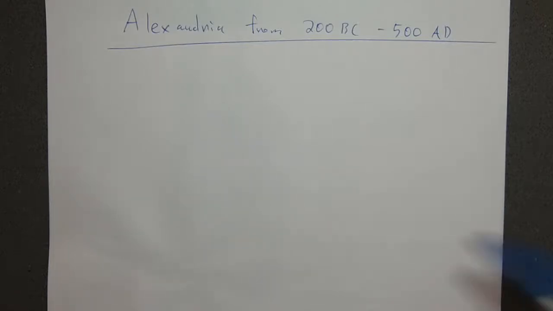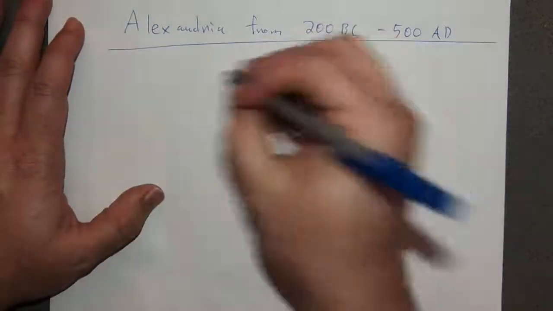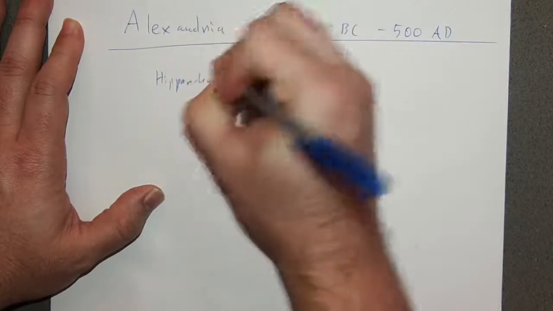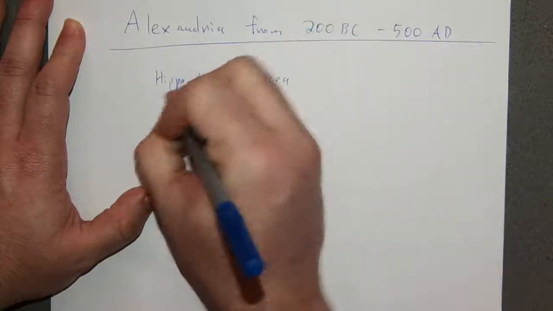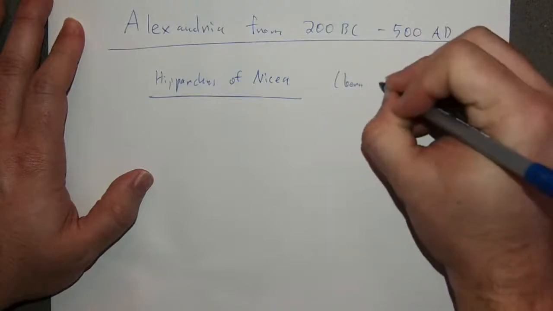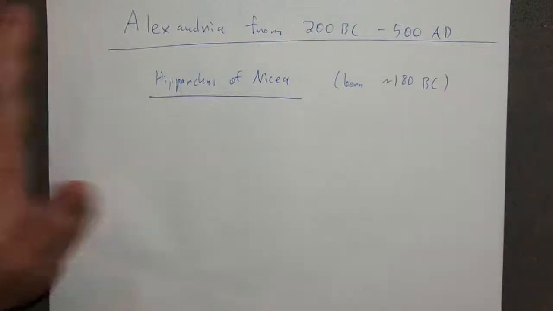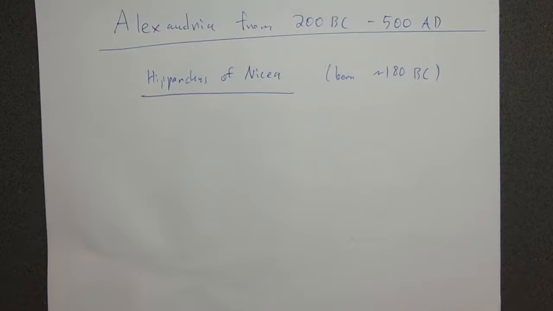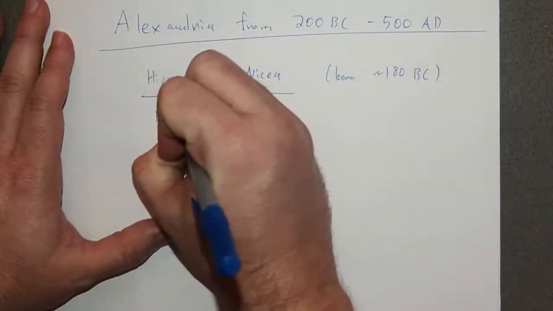So what are some of the mathematicians that did work in this time period? So there's Hipparchus of Nicaea. Hipparchus was born in about 180 BC, so born about 30 years after Archimedes' death. I'll mention all the things that these people achieved.